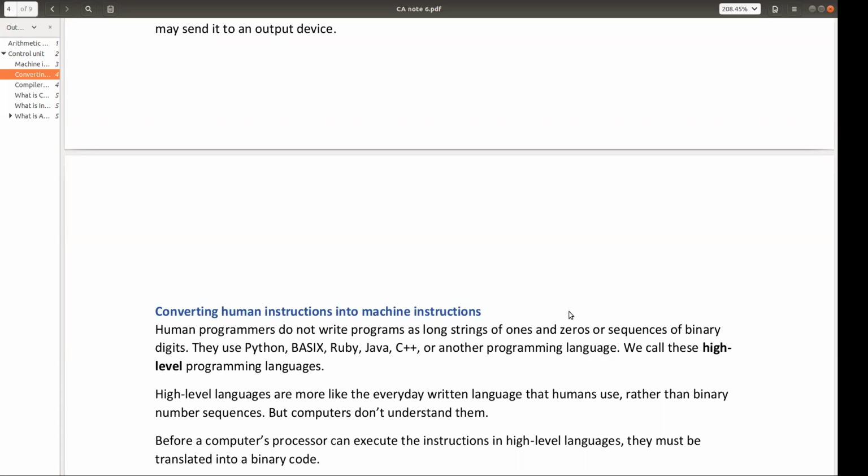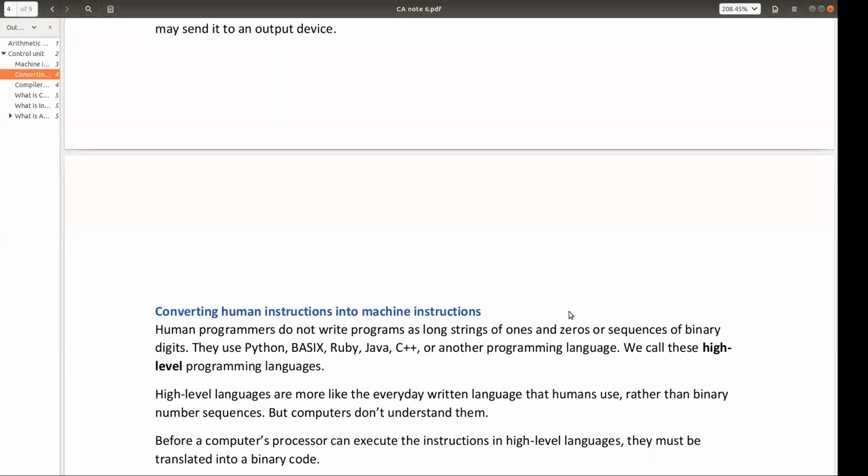Now C, C++, Java, whatever programming languages we are using, these are known as high-level programming languages. Now the question is why they are known as high-level programming languages.